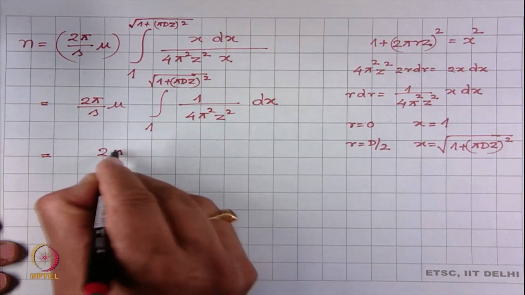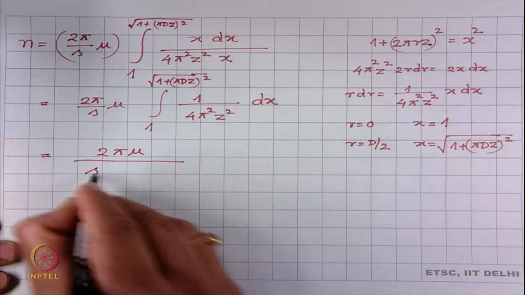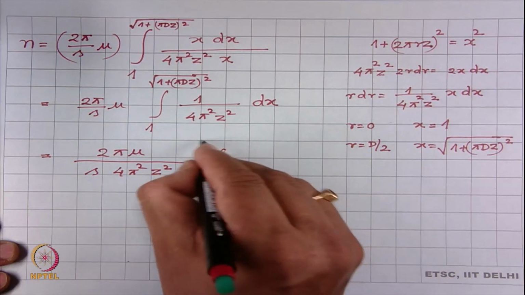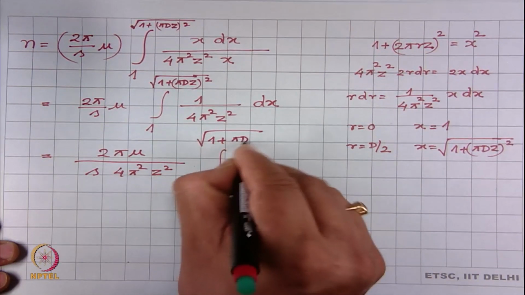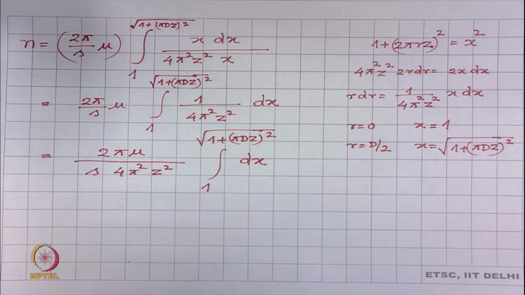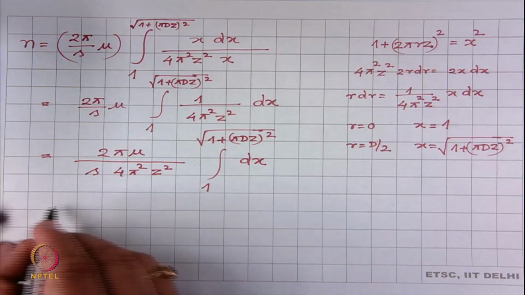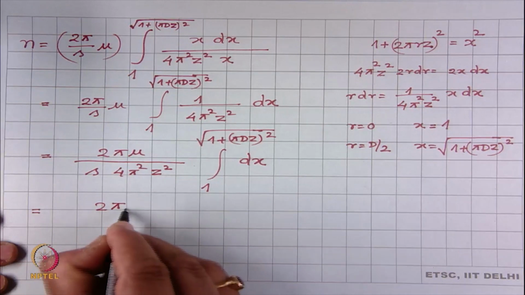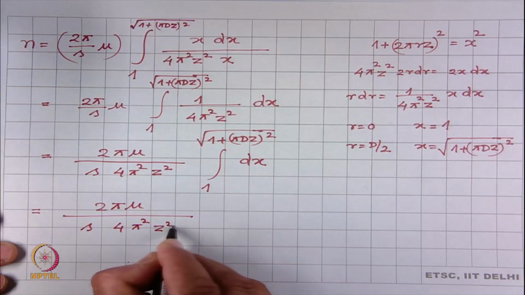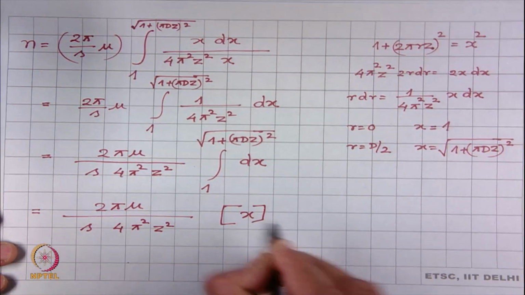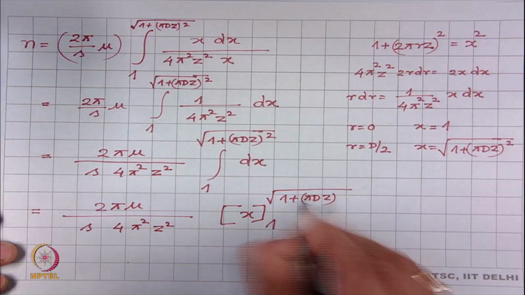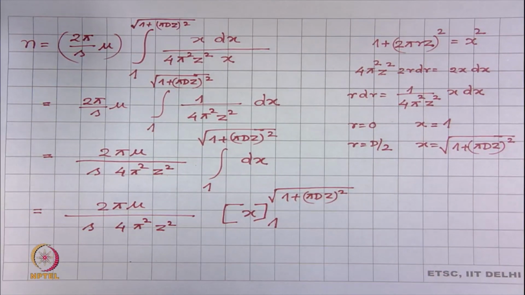So, 2 pi mu by s into 4 pi square z square, integration of dx is equal to x, with lower limit 1 and upper limit 1 plus pi dz square.